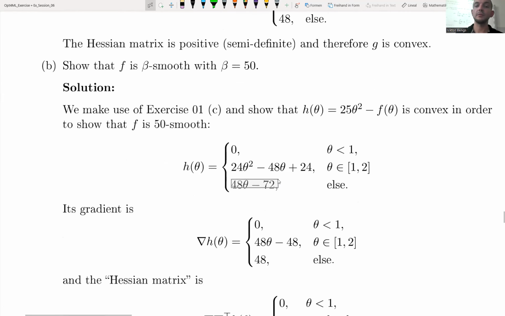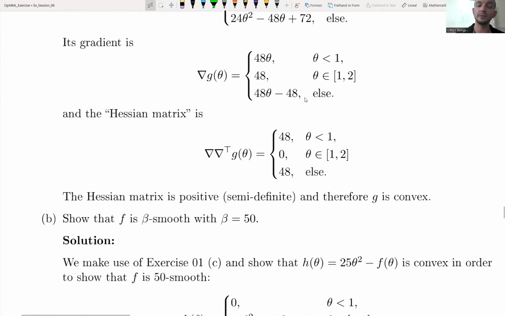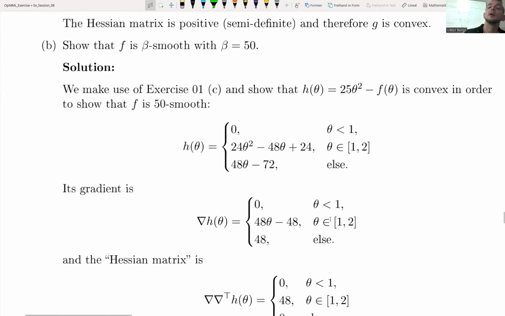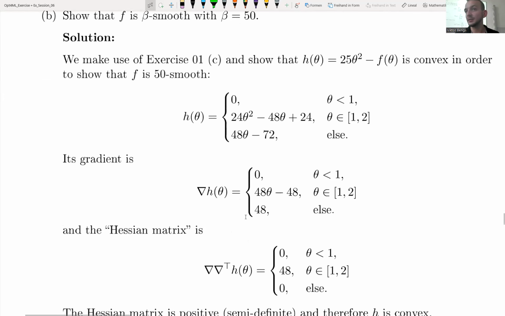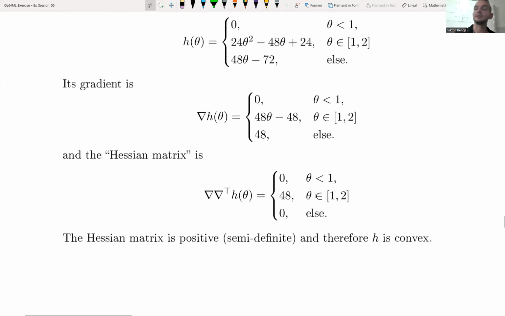And for this case, we see 25 theta squared is subtracted from the theta squared term, and this thing here remains with a negative sign, which we see here, 48 theta minus 72. Again, computing the gradient and the Hessian matrix, it's the same ingredients.